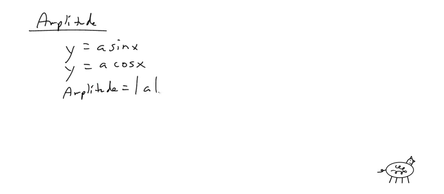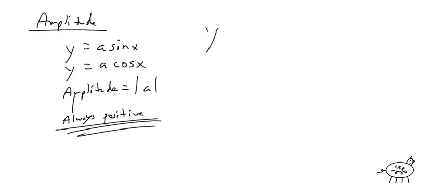Now notice I put absolute value around there, okay, because amplitude is always positive. That's so huge, math fans. It's always positive. Please don't ever give me an amplitude that's negative. It's always the positive value.